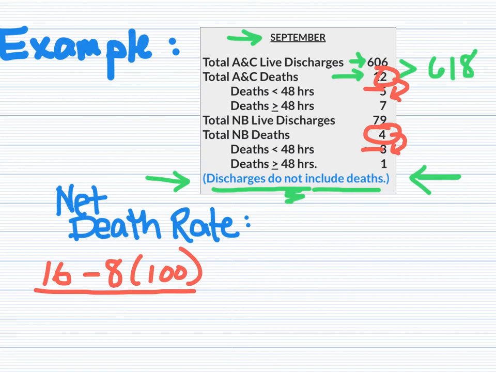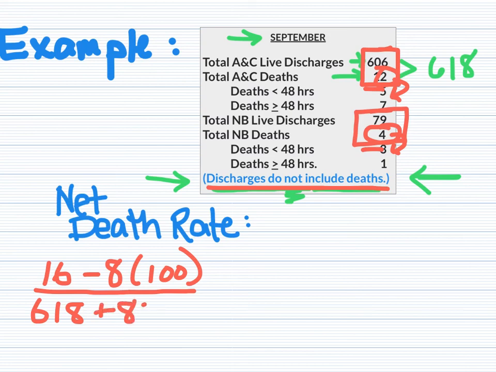Then for our denominator, we need to find the total number of discharges, including newborns. Remember, here, discharges do not include deaths. So we have to make sure we include all discharges, and we know that deaths are technically discharges. So here, 606 plus 12 is going to give us 618 A and C discharges, plus the newborn discharges, the 79 plus the 4 is 83.